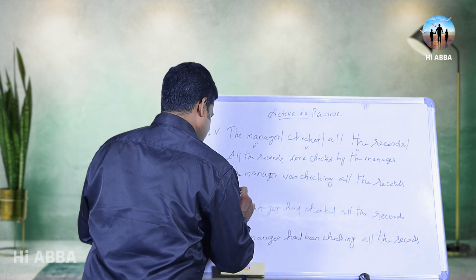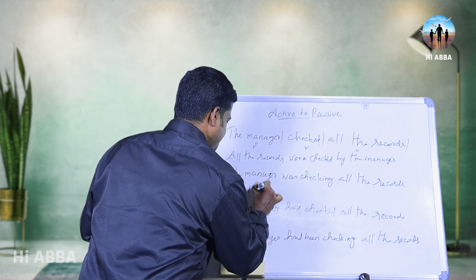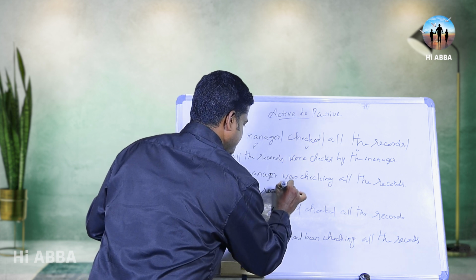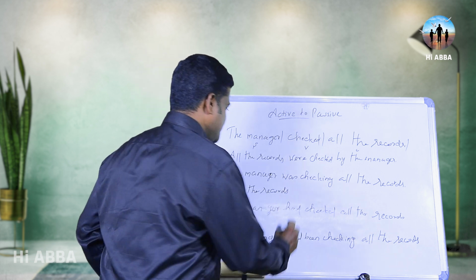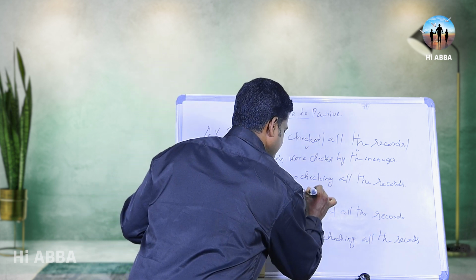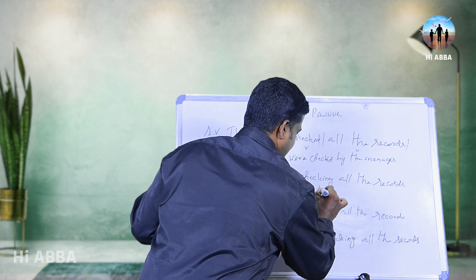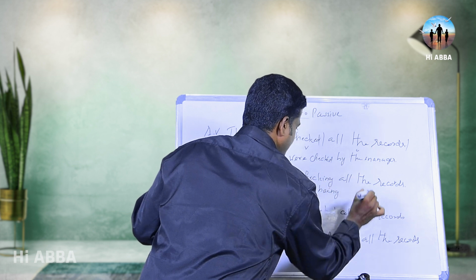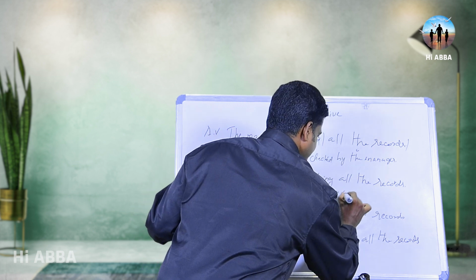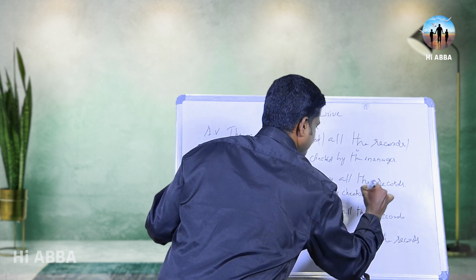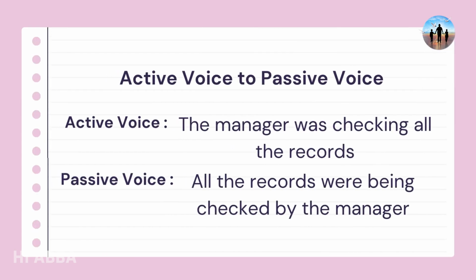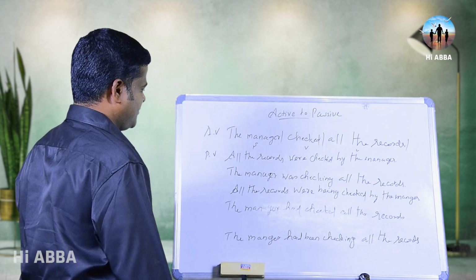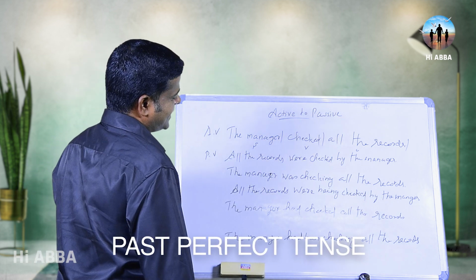Again the same, all the records. Now again this is a plural subject, so therefore were, and this is being a continuous tense, another be form verb being is added, followed by the V3, checked, then by the manager. That's also very simple. Then we proceed to the past perfect tense.